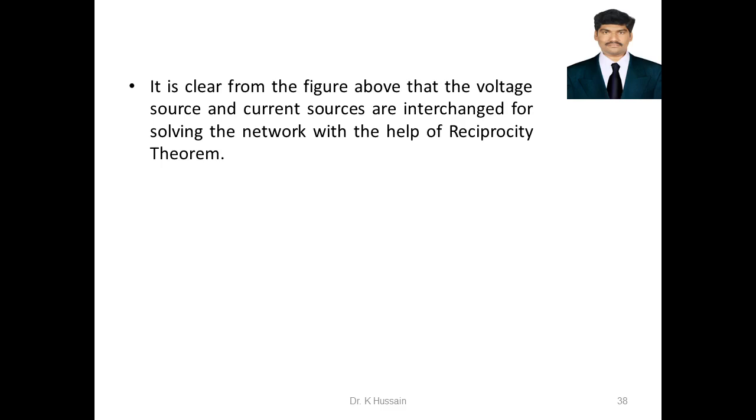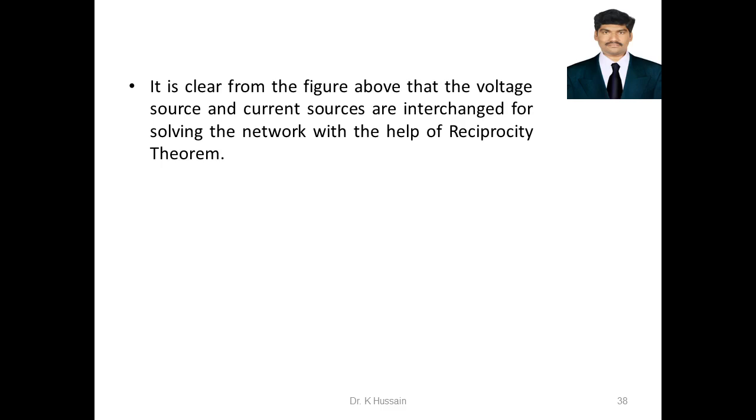Because I have taken one simple problem only, I did not take much, because this one is not that important. Nowadays they are not using this theorem for all applications. Okay, in olden days it was a very important theorem, but now it is a rarely used theorem in electrical circuits.